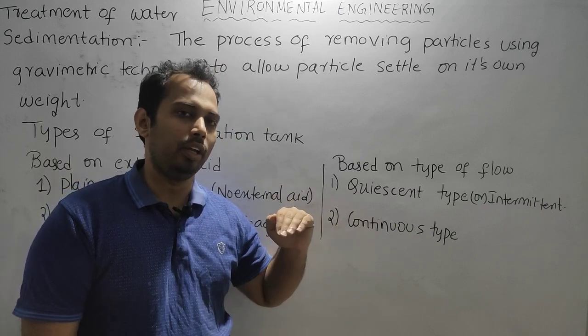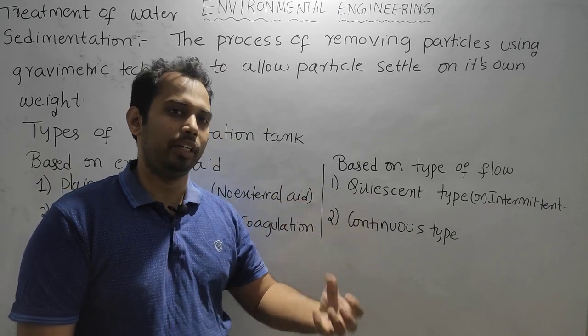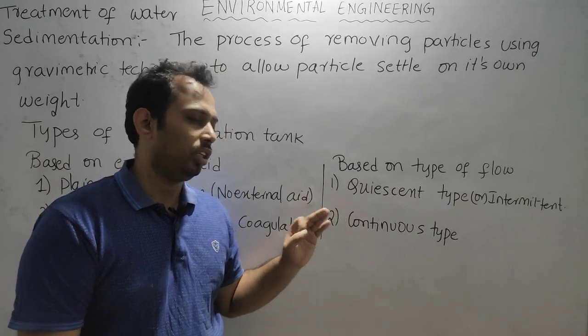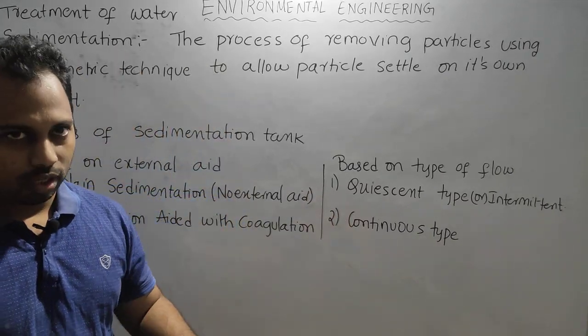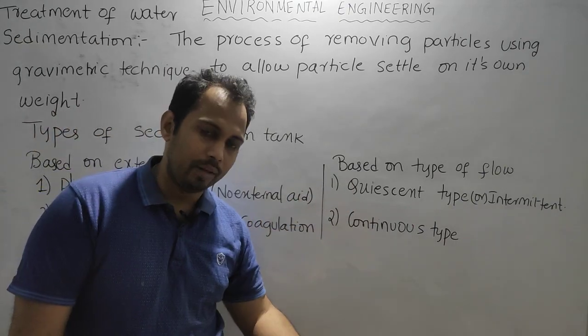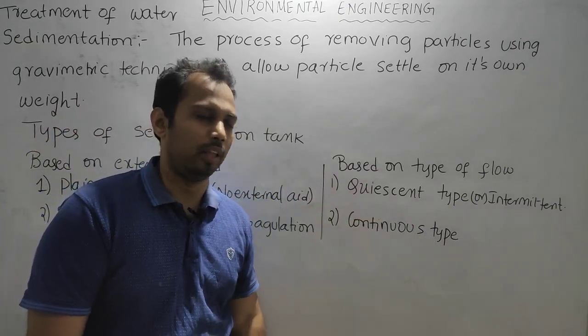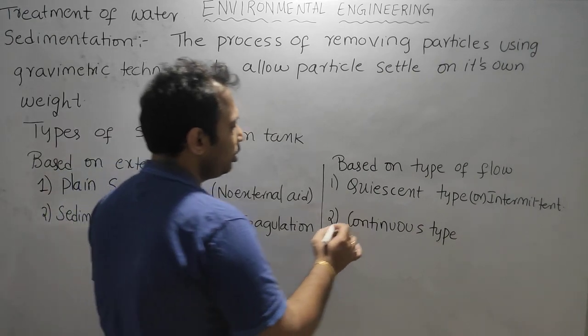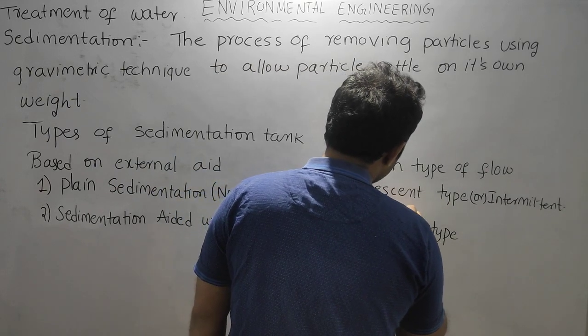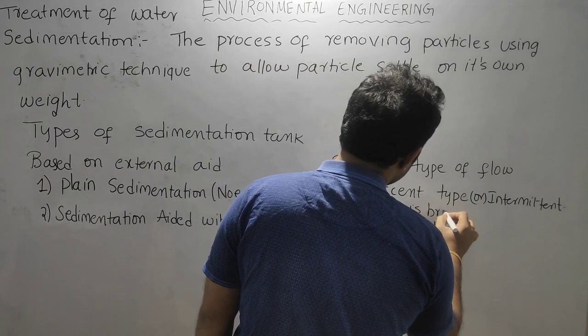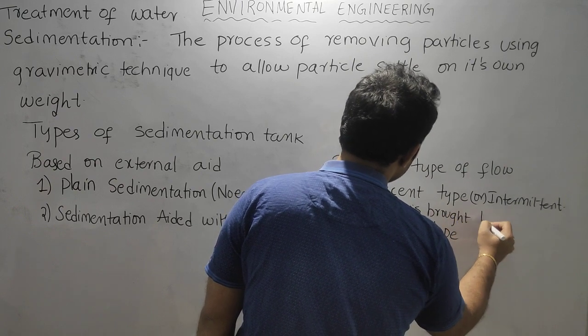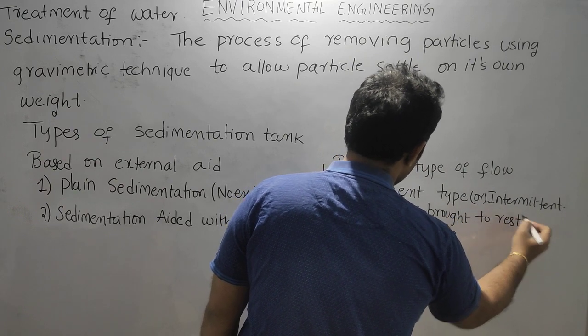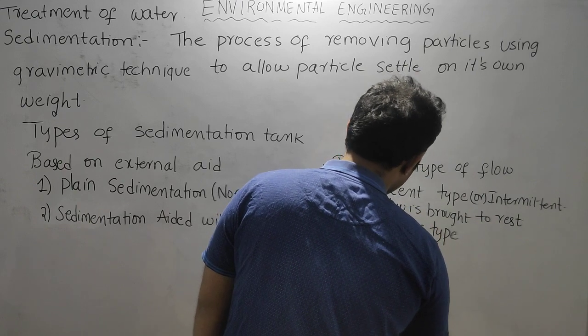In continuous type, the sedimentation takes place parallelly during the process of flow. Whereas in quiescent type, we bring the water to rest, allow the sedimentation to happen, and then draw the water outside the tank. So quiescent type means fill and draw. The flow is brought to rest here, whereas here the flow is continuous.